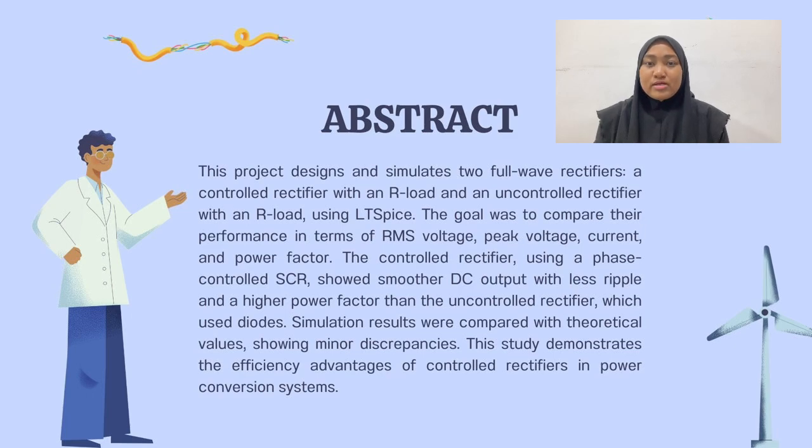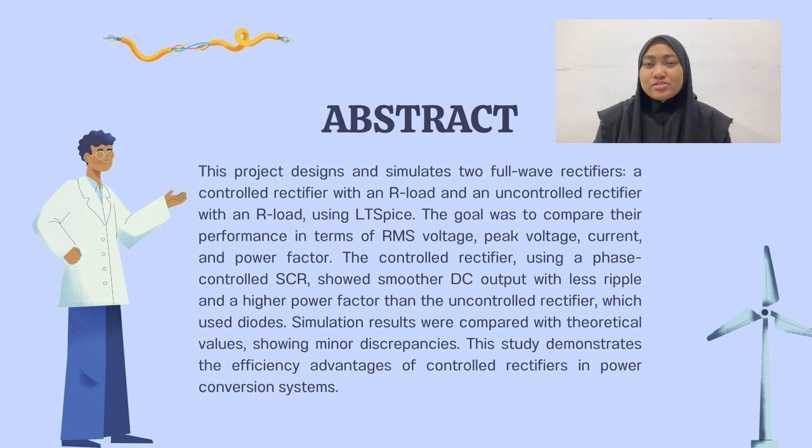The controlled rectifier was designed using a phase control silicon controlled rectifier, SCR, while the uncontrolled rectifier used standard diodes. The results showed that the controlled rectifier provided a smoother DC output with reduced ripple compared to the uncontrolled rectifier. Additionally, the controlled rectifier had a power factor closer to unity, indicating higher efficiency.